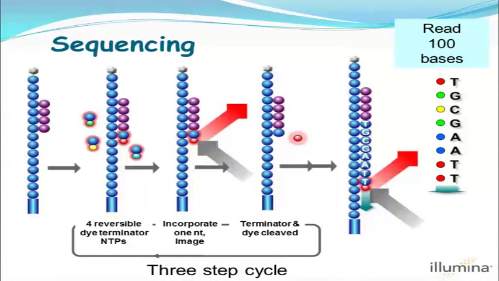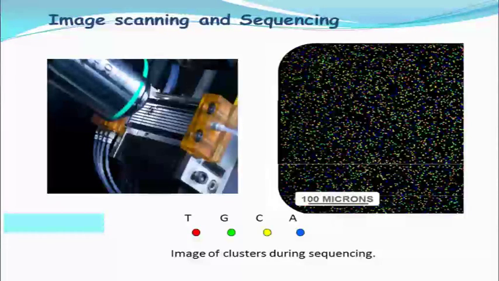After this signal has been captured, the terminator and the dye will be cleaved. Then the DNA strand will be able to go on to further extension. Then the reaction goes to the next cycle. If we run 100 cycles of sequencing, we'll be able to sequence 100 base pairs.